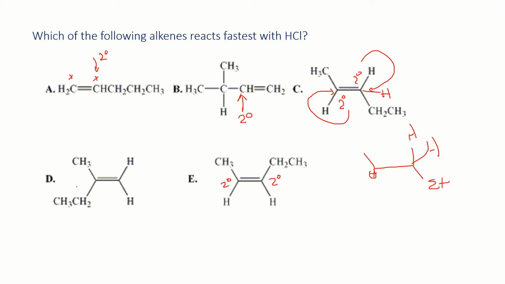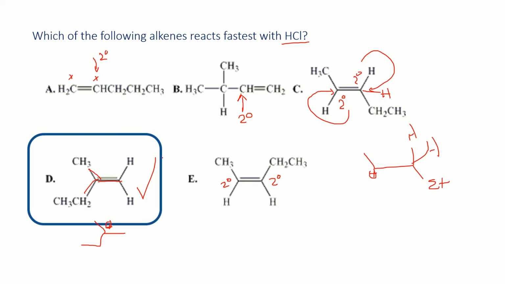However, if you look closely at D, it has 1, 2, 3 carbons attached to this carbon, so those are 3 groups, and so the resulting species would be a tertiary carbocation. So this will give you the most stable carbocation on protonation, i.e. reaction with HCl, and so this will be the fastest.